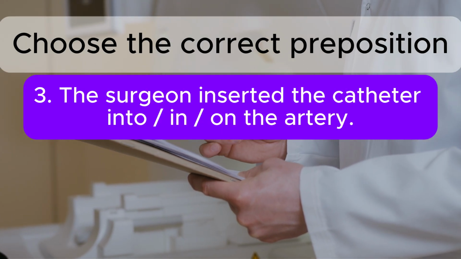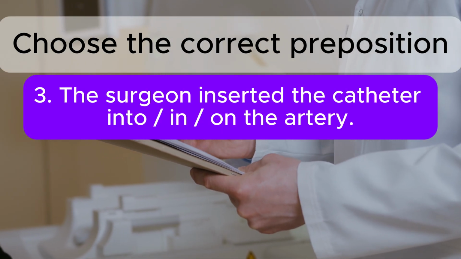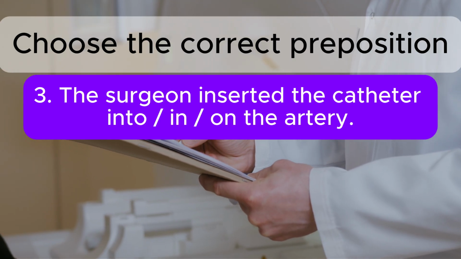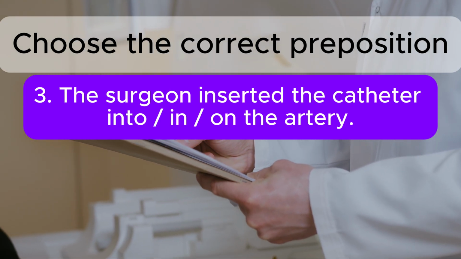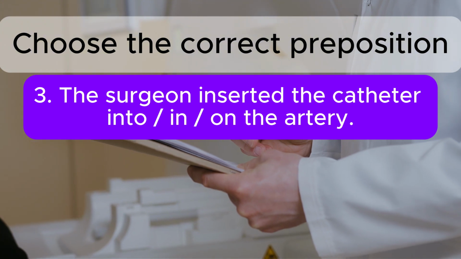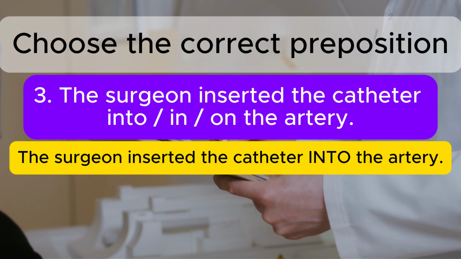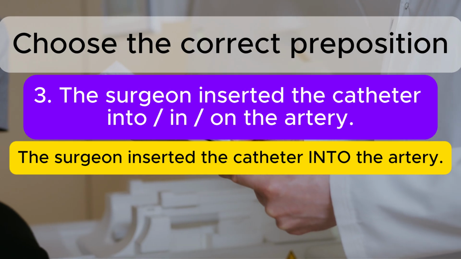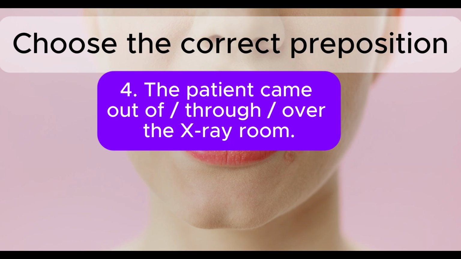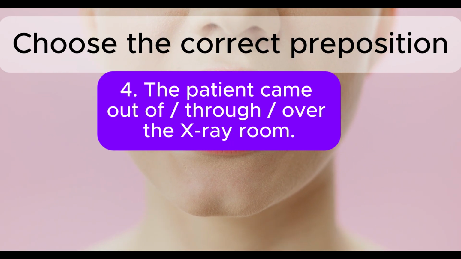3. The surgeon inserted the catheter into, in, or on the artery. Correct answer, into. The surgeon inserted the catheter into the artery. 4. The patient came out of, through, or over the X-ray room.